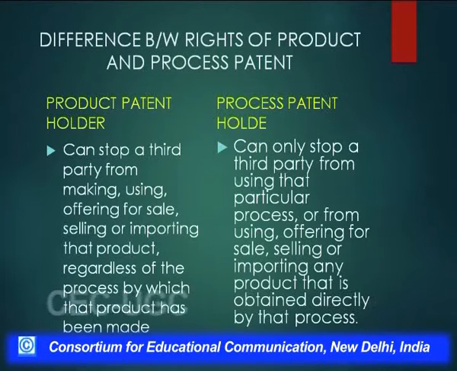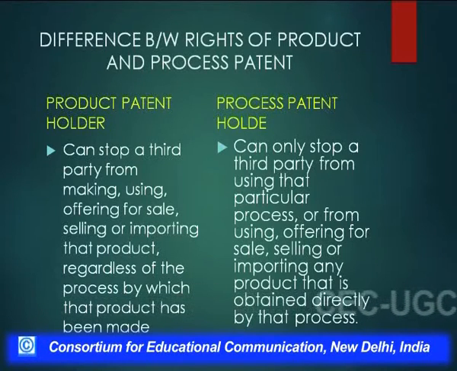That is how we differentiate between 48A and 48B, and you can easily summarize that the process patent holder is always in a win-win situation with respect to the product patent holder, because the product patent holder does not get that kind of a wide right which the process patent holder is getting in this context, because the process patent holder is getting two rights.